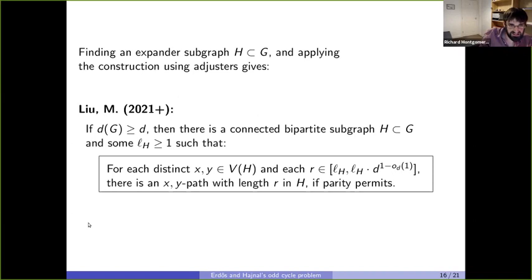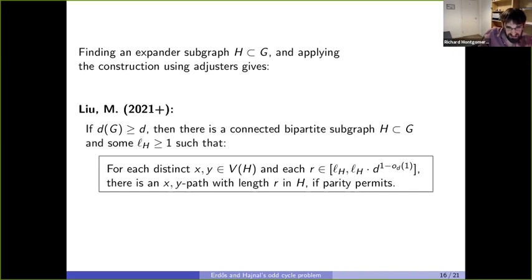So what it says is if the average degree of a graph is sufficiently large, then I can find within it a connected bipartite subgraph H and some parameter L of H, such that the following is true.